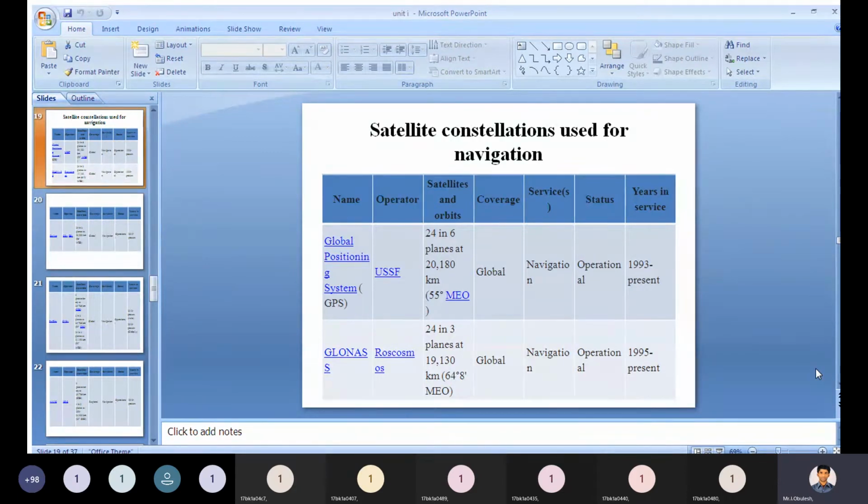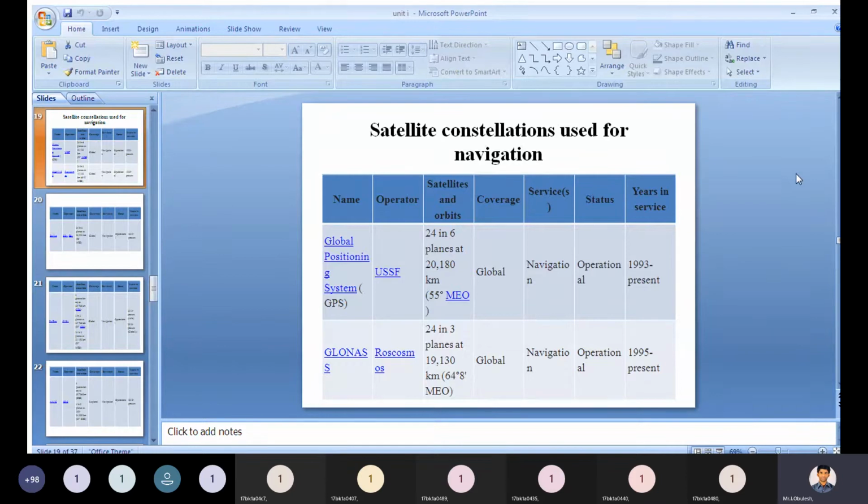Coming to how many satellites are there in GPS: 24 satellites and 6 orbital planes. It covers around 20,180 kilometers above, the angle with the equator is 55 degrees, and it covers globally.